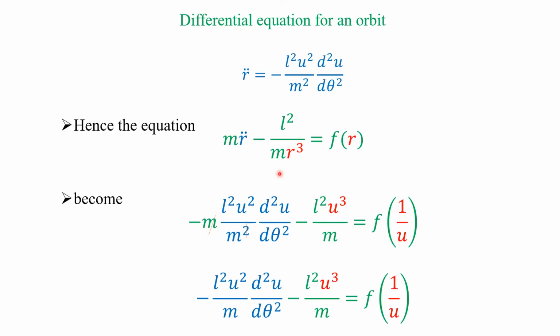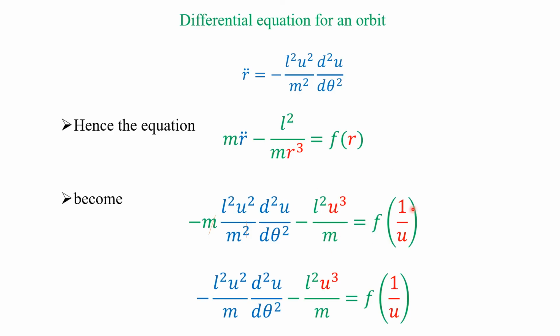Of course, there is a minus here. One m will come, minus L squared, because 1 over r is u, so 1 over r cube is u cube, divided by m, which is equal to f of r.